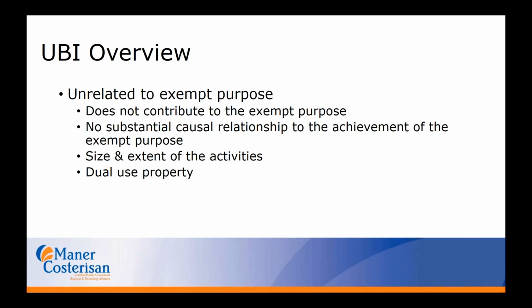The next thing is size and extent of the activities, and how does this relate to being unrelated to the exempt purpose? An example is if you had the same college, and that college has a farming and agricultural department, and so as part of that department they have 100 dairy cows, and they do studies on those dairy cows, and the college only needs 100 to actually run the department and provide the service to the students.